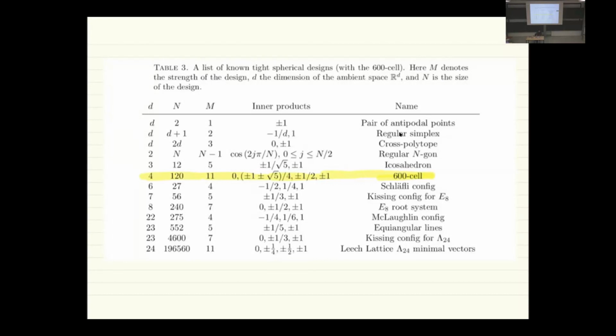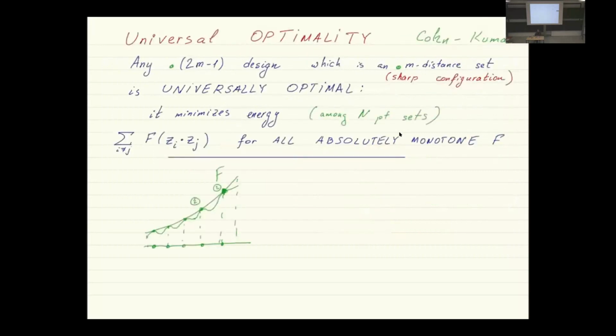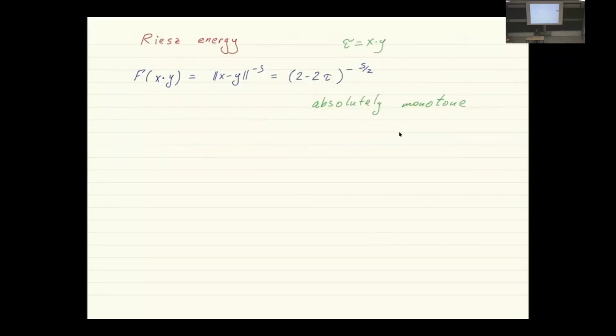In particular, anything from this list, all the tight designs are optimal codes. In particular, this proves the optimality of the icosahedron and of the Leech lattice and E8. So you can deduce it from here. This is one of the ways. All right, and I'll stop here and I'll continue talking a little bit more about the linear programming method tomorrow.